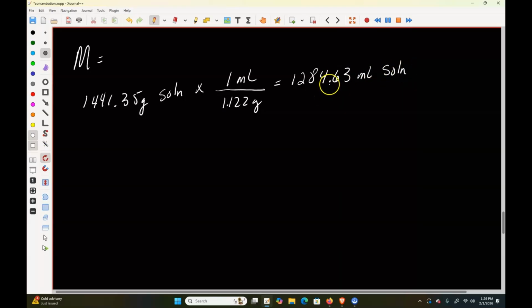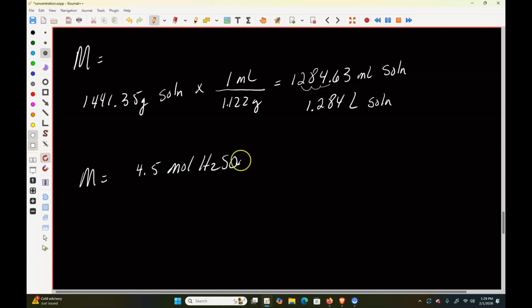I can then move the decimal 1, 2, 3 places over, so I would have 1.284 liters of solution. Then to find molarity, molarity is equal to moles of solute, which was 4.5 moles of H2SO4, over the liters of solution, which is 1.284 liters solution.